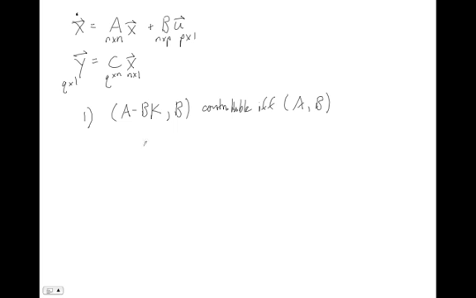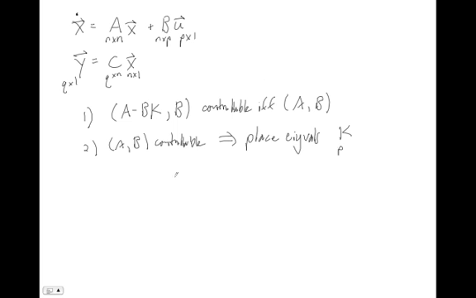It's also true, let's call this result 2, that if the pair A, B is controllable, then that implies we can place eigenvalues wherever we want using K. So now, let's think of the dimensions here.